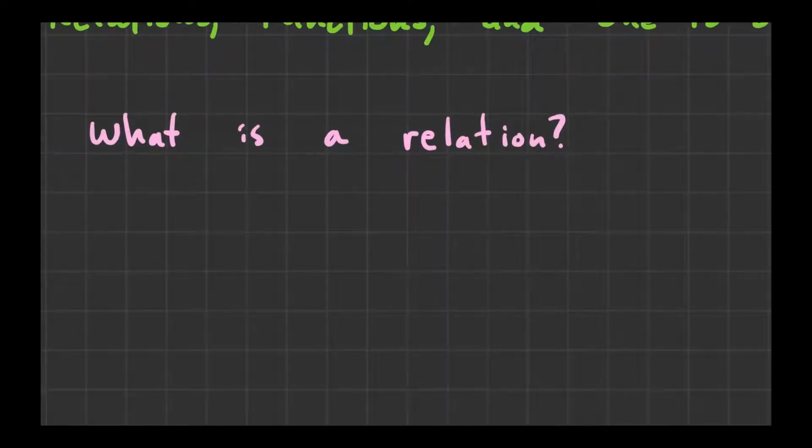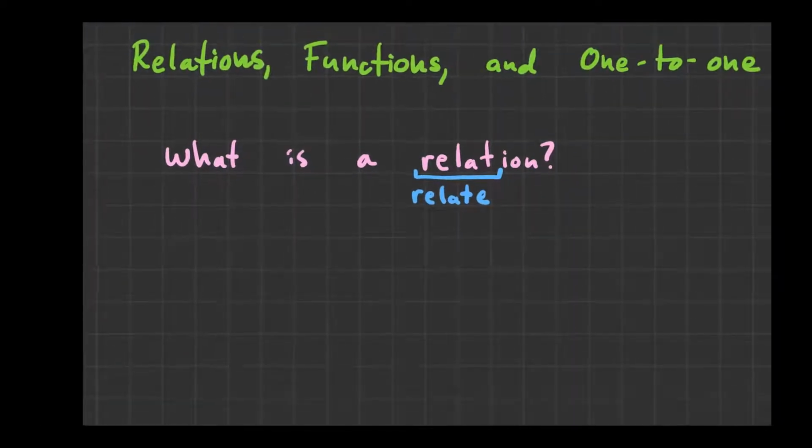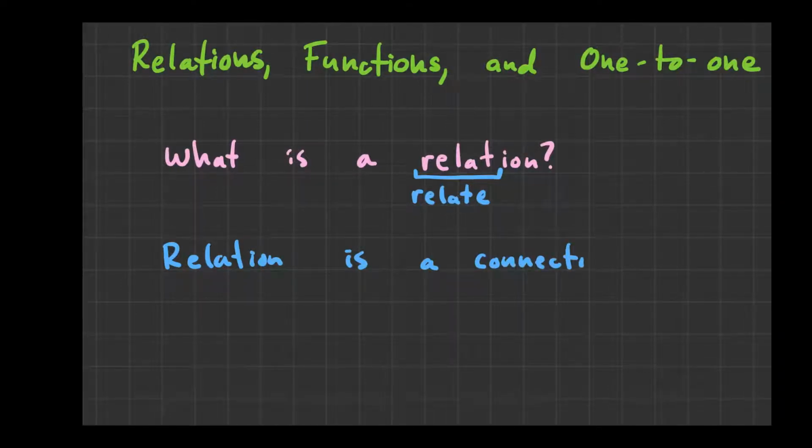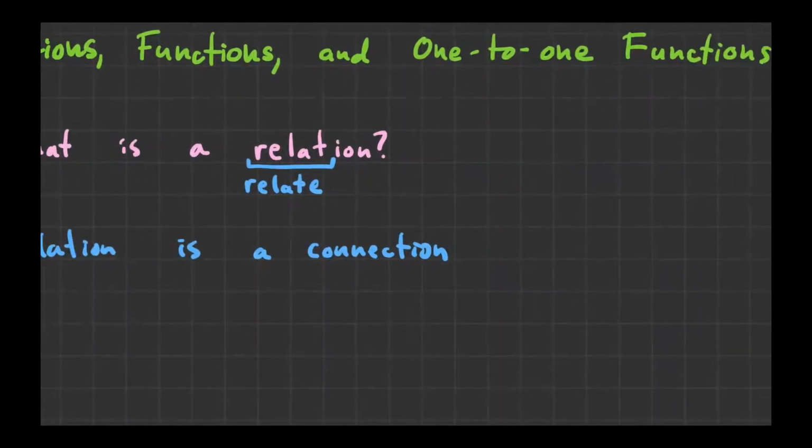Etymology means where the word comes from and all the different parts. I like to think of this part, relate. So how many things does it take to relate? Yeah, more than one thing, right? So when you relate something, a relation is a connection between two things.